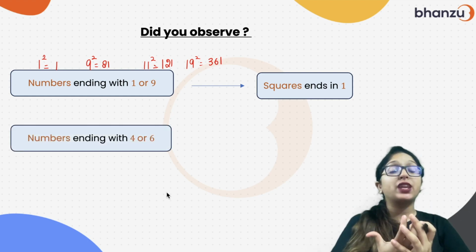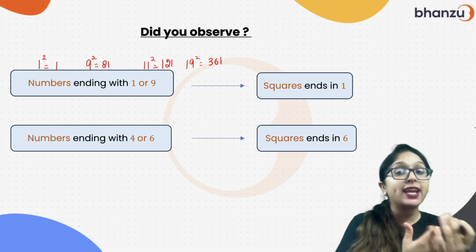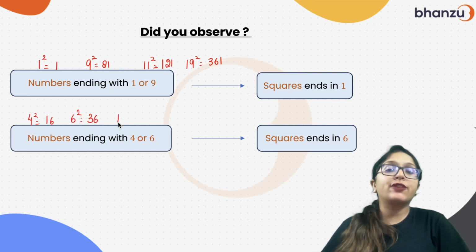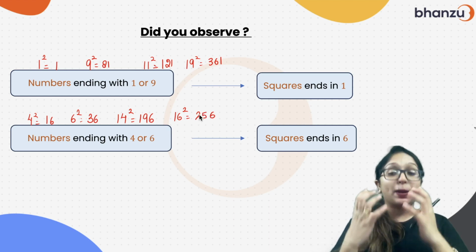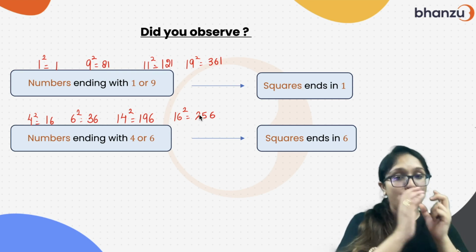Now we will check with the numbers that end with 4 or 6. Their squares end in 6. So let's check with a few numbers. For example, 4 square is 16, 6 square is 36, 14 square is 196, and 16 square is 256. Isn't it? The numbers that are ending with 4 and 6, their squares end with 6 only.